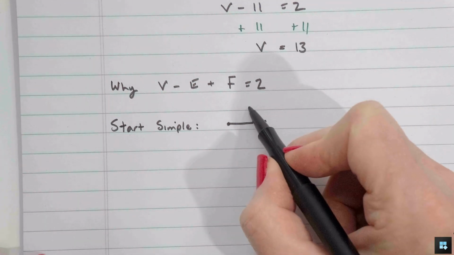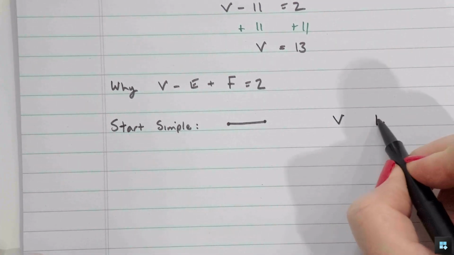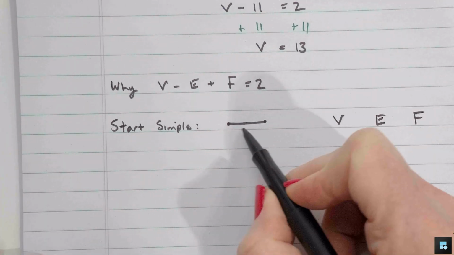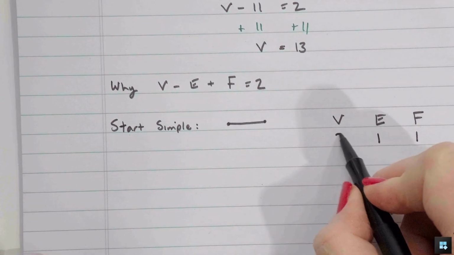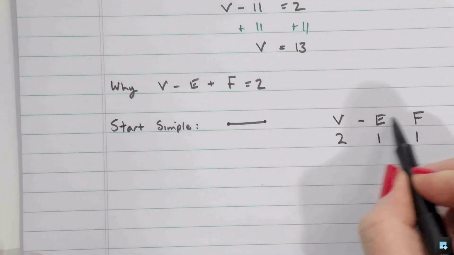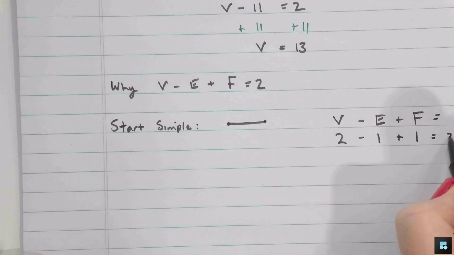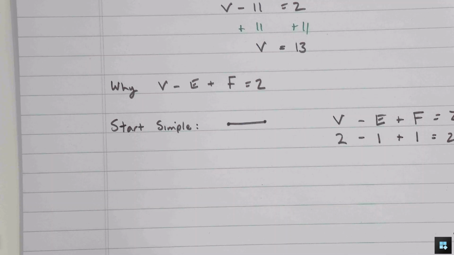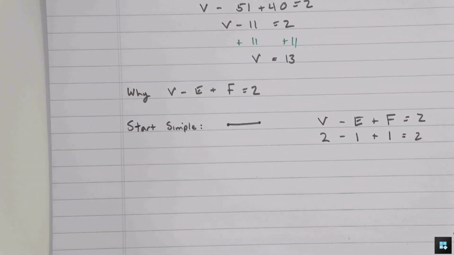Remember the outside counts as a face. So there's one face. The edges, just one edge, but two vertices. So vertices minus edges plus faces comes out to 2.